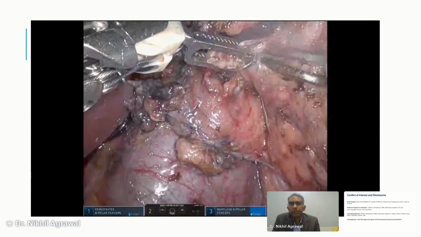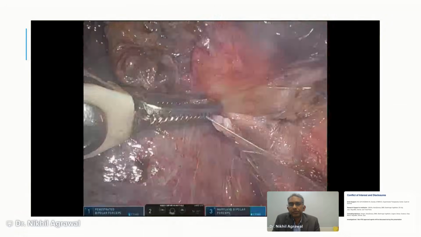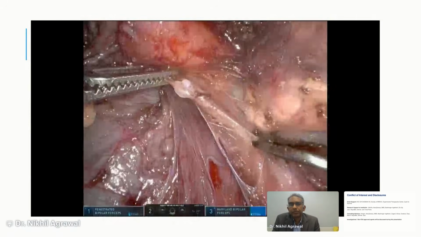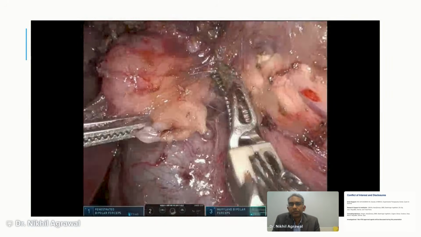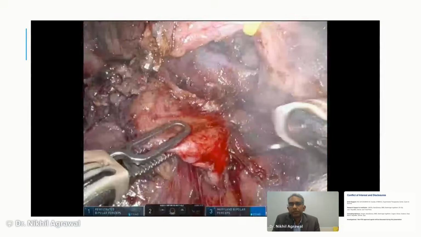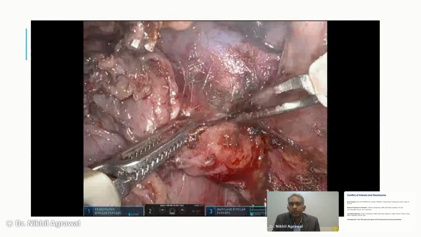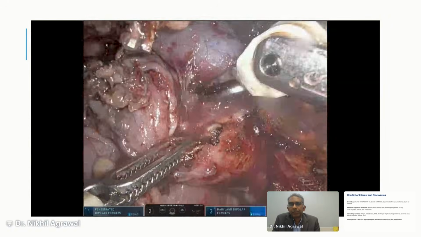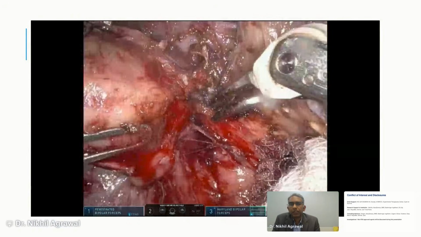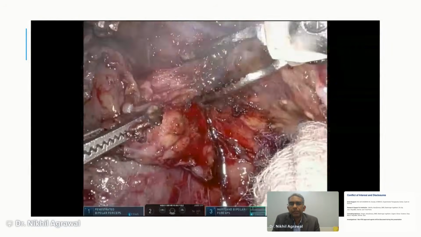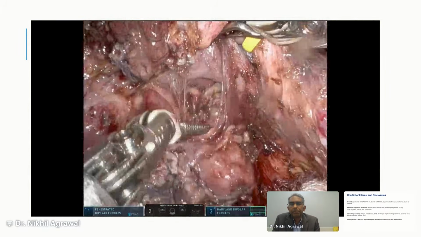Freeze the portal vein. Now we'll go behind the portal vein. This is the area where the portal vein is going into pancreas, and this is the junction of nodes from posterior superior pancreatoduodenal nodes to the retroportal and retrohepatic.